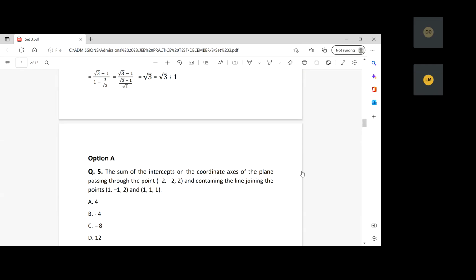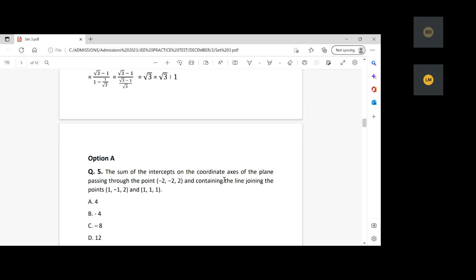Yes, Srihari, the answer for the previous question is true. It's √3:1. Now I think it's clear for everybody. You can just think on how you're going to solve this question. What's the methodology? What all is given in the question?